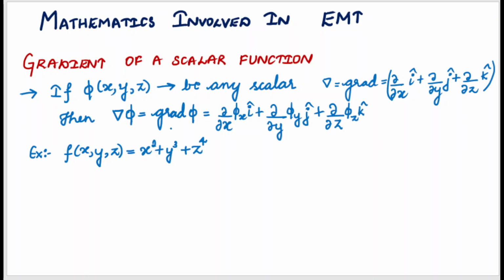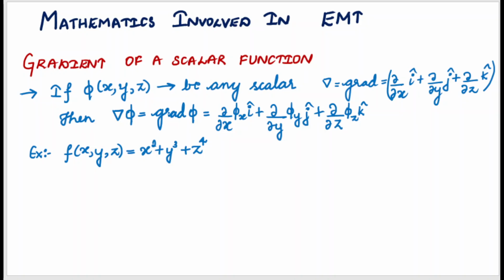From the definition, we have gradient of phi equal to dou divided by dou x, that is a partial derivative of the scalar with respect to x into the unit vector, we call it i cap, in the direction of x, plus dou divided by dou y into phi y into j cap plus dou divided by dou z into phi z into k cap, where phi is any scalar. It can be any scalar. The scalar is depending on x, y and z.